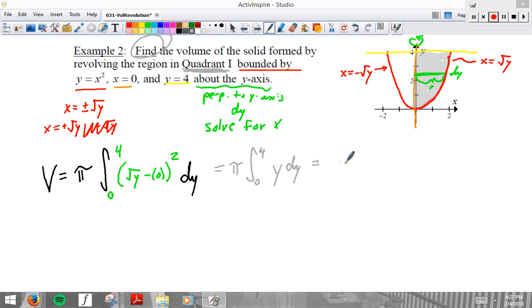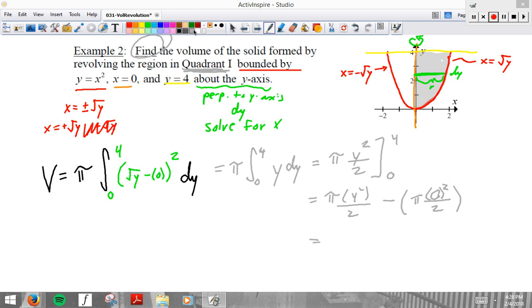The integral of y dy should be pi times y squared over 2, 4 squared over 2 minus parentheses pi times 0 squared over 2. That's an acceptable final answer.